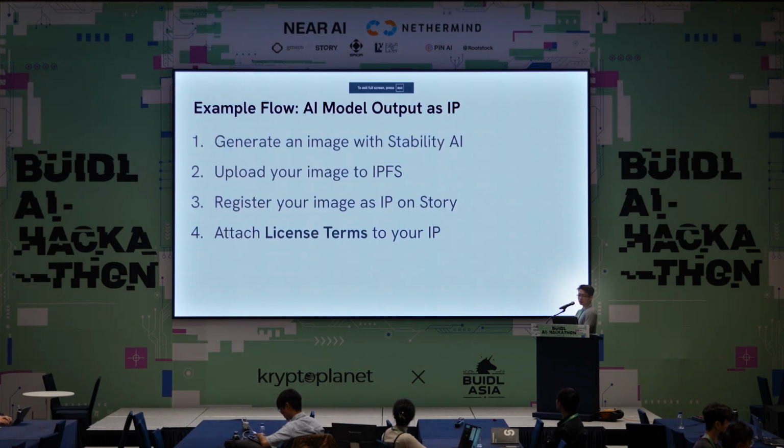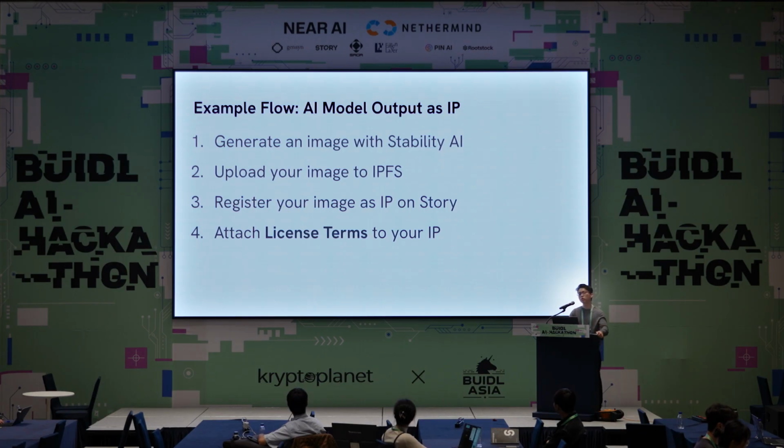I'll skip that one. The more interesting one, that I think is more automatable, also more applicable to our real world, is AI models. So you could register AI model outputs as IP. For example, in this case, you generate an image with Stability AI API, and you upload that image to IPFS, register your image on Story as IP, and then attach license terms to your generated image.